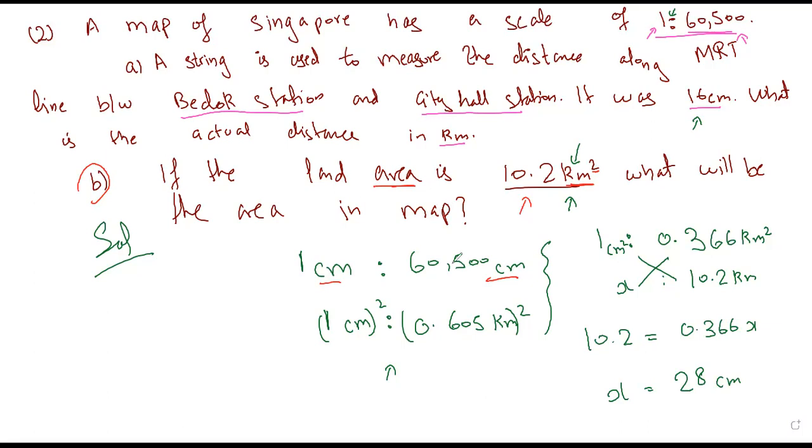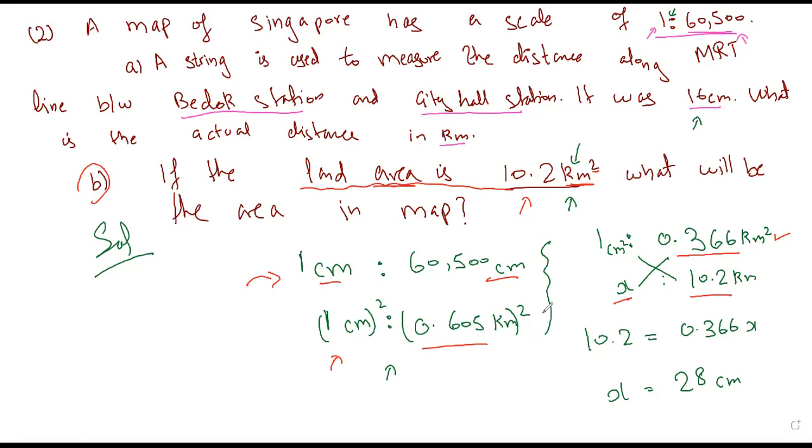So you have to convert this to a scale of area by squaring both sides. So 1 centimeter square will become 1 centimeter square, and you will multiply 0.605 into 0.605 and you will get this. Now you can use the scale directly to find the area on map representing this area actually. Did you understand?